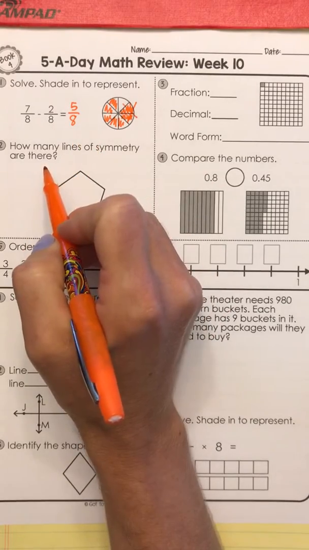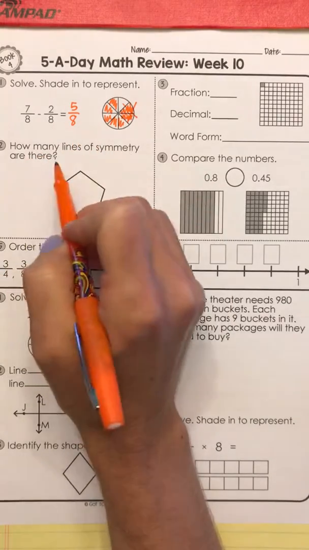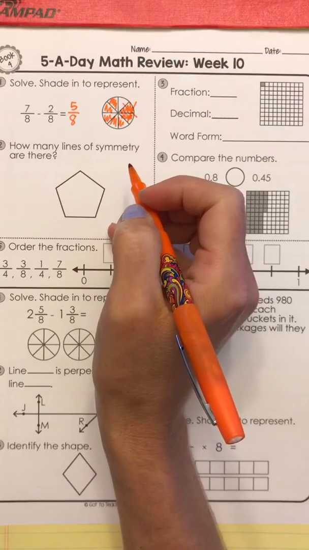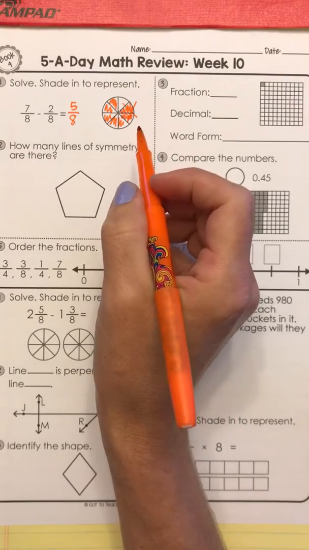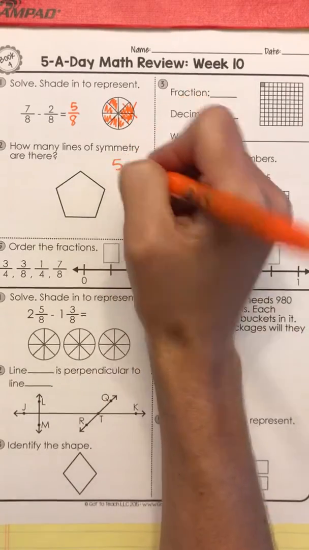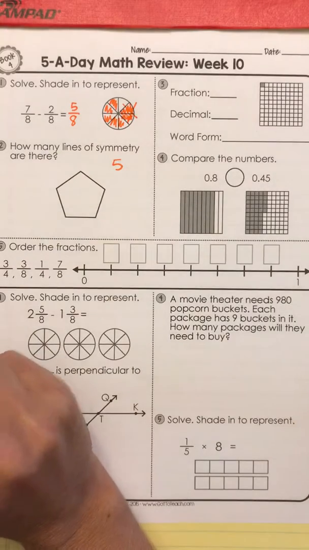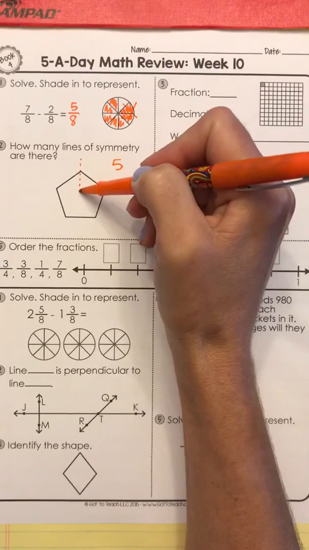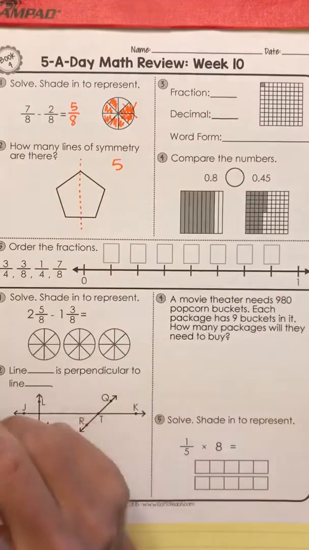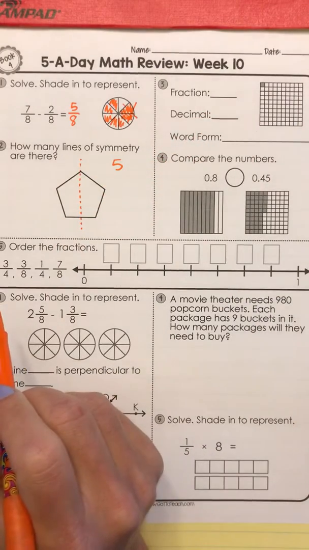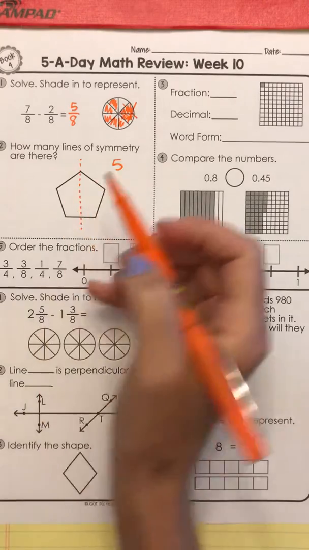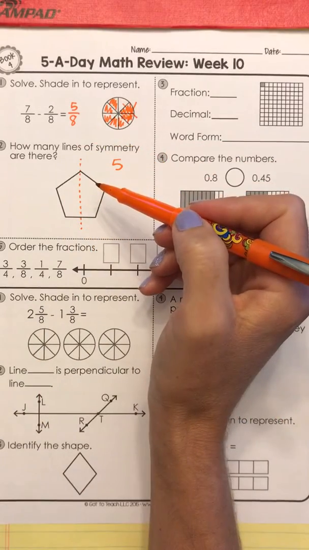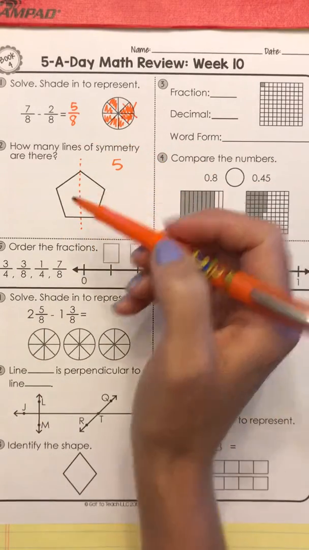All right, number 2, how many lines of symmetry are there? So this one was tricky. Hopefully you got it. There are 5 lines of symmetry. Did you find them all? All right, so here they are. There is 1 going vertically, okay? Now there's also, and you may have to turn your paper, but there's actually a line of symmetry through every point.